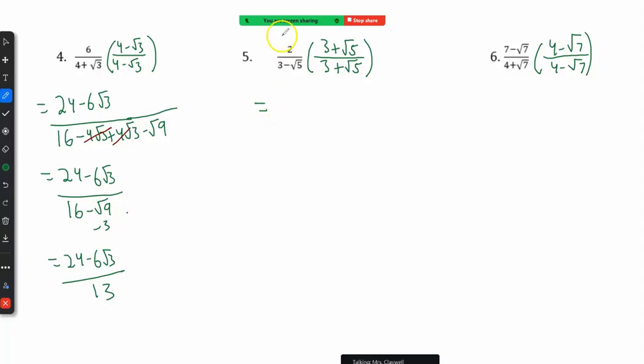Same idea over here. Distribute the 2. And then double distribute. So you can box or double distribute the bottom. Yeah, but it's helpful for you to think of these as in parentheses.